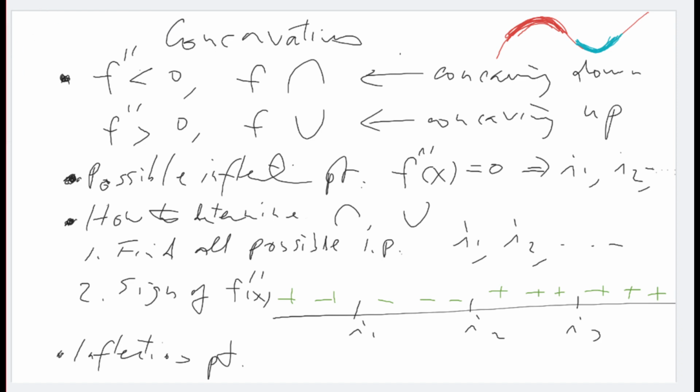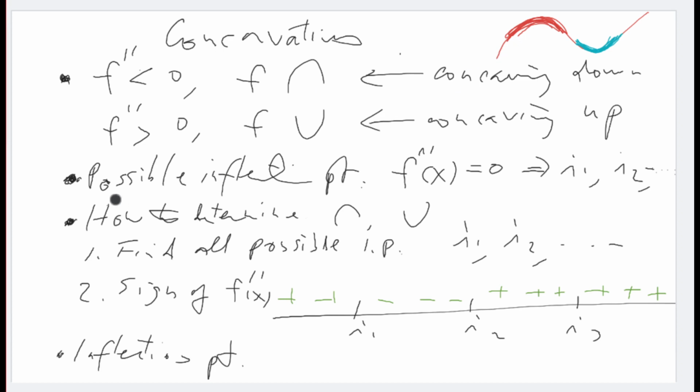Okay, let's go back to the result again. When the second derivative is negative, the graph concaves down, the graph bends down. When the second derivative is positive, the graph concaves up, or bends up. Now, how are we going to determine where the graph will bend up and where it will bend down?